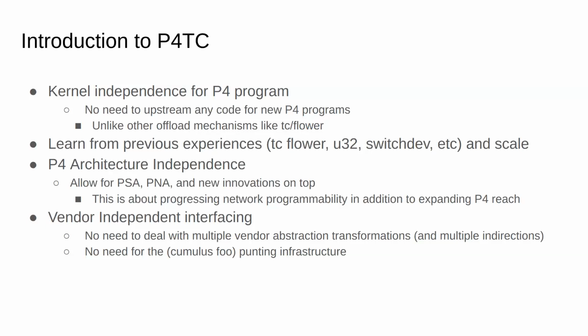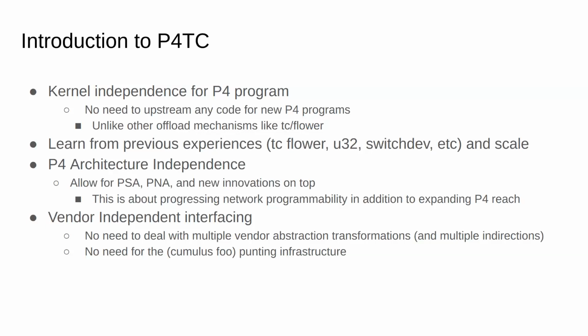And unlike other offload mechanisms that exist today in the kernel, for example, TC Flower, or if you've offloaded U32, anytime you create a new program that has new headers, you have to change the kernel code, you have to change user space code, you have to go through, at times, up to two years or more before that code shows up in an enterprise system.